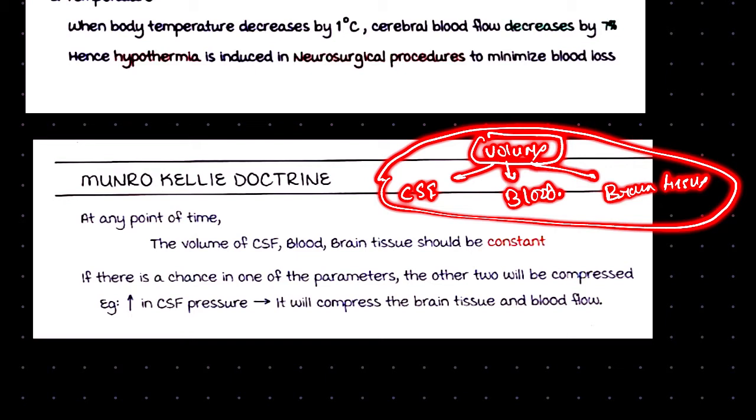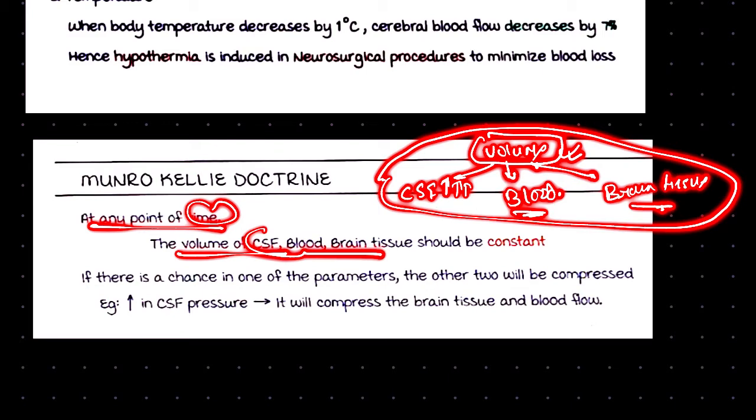By any chance, if there is an increase in one of the parameters, such as if CSF is increased, then what will happen? The blood and the brain tissue will compress to maintain the constant volume. At any point of time, the volume of CSF, blood, and brain tissue should always be constant.